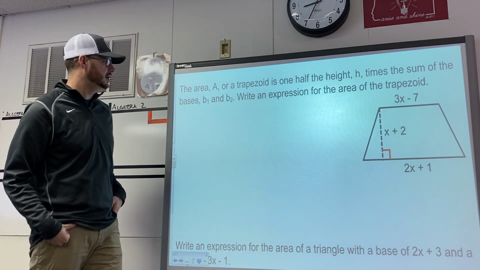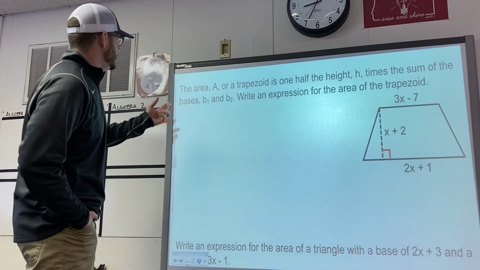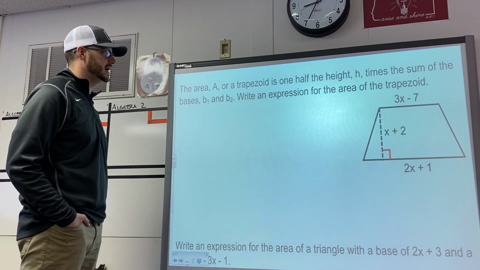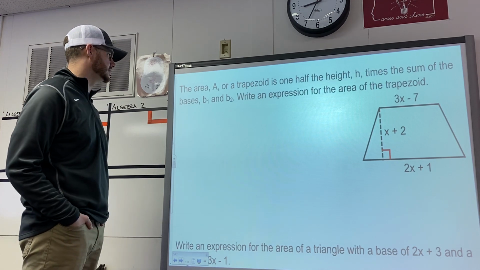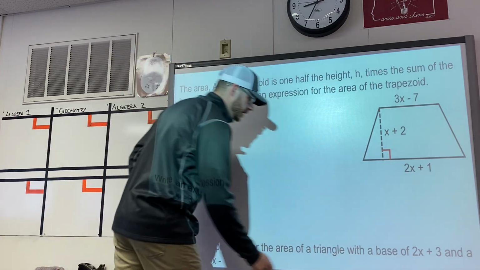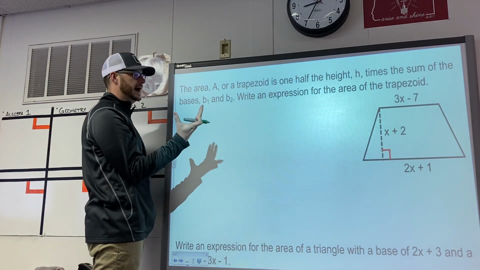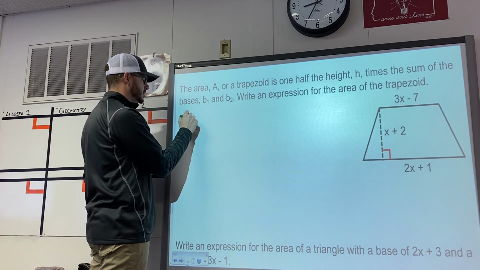So moving on here, the area, A, of a trapezoid is 1/2 the height, H, times the sum of the bases, B1 and B2. Before I go any further, I'm going to write that out as an algebraic equation.